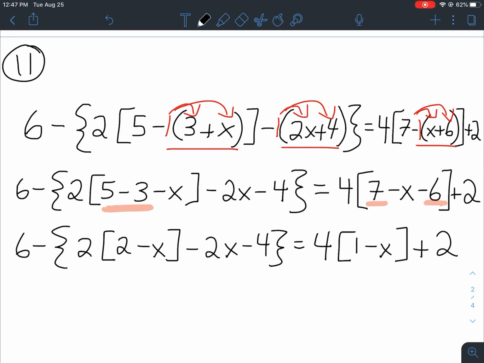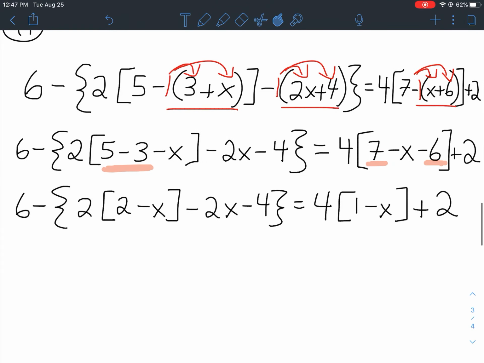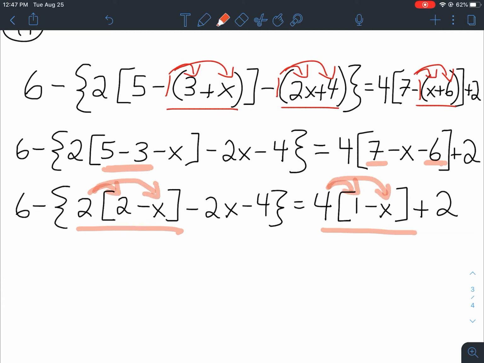And now I'm working the problem down here. So now these brackets right here are now acting as parentheses. So now I'm going to do exactly what I did just like with the parentheses above. I'm going to distribute here. I'm just working my way inside to outside.